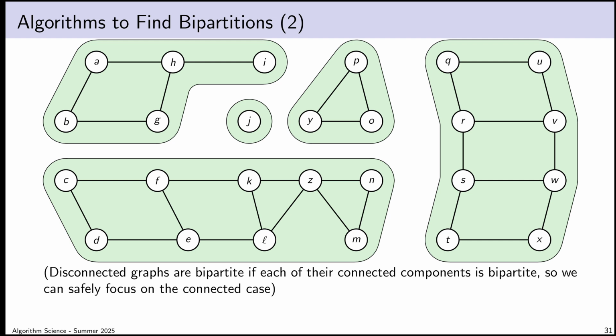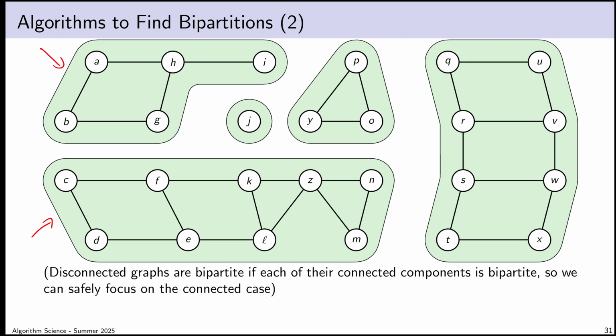So what we can observe is, if we look at this big graph here, which has 5 connected components, this graph may or may not be bipartite, although actually my money is on no. But whether it's bipartite or not can be decided by looking at each of the components independently. Because there is no edge connecting these two components here, if the whole graph is bipartite, that'll be because this is bipartite and, separately, this other component is also bipartite.